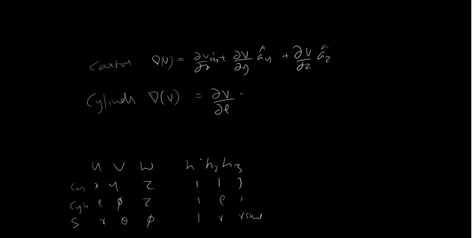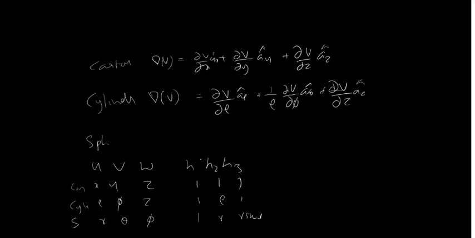So 1 by h1, that is 1, dou V by dou rho, a rho cap, plus 1 by h2, that is 1 by rho, dou V by dou phi, a phi cap, plus 1 by 1 again, so 1, dou V by dou z, Az cap.